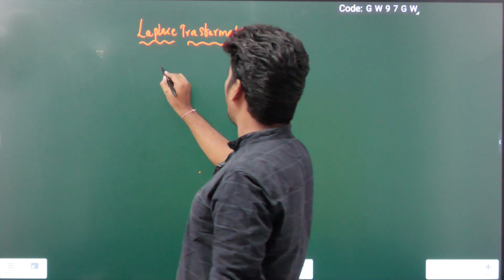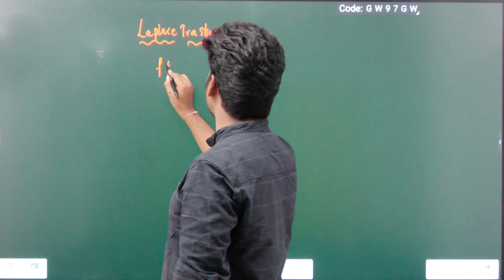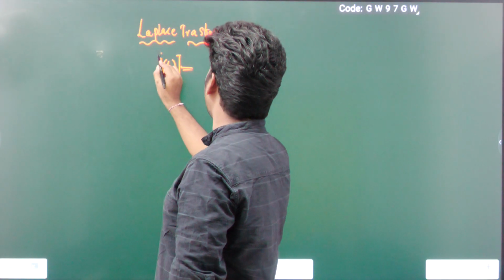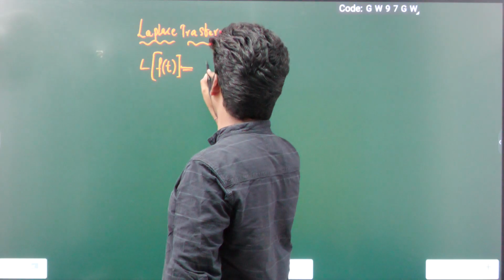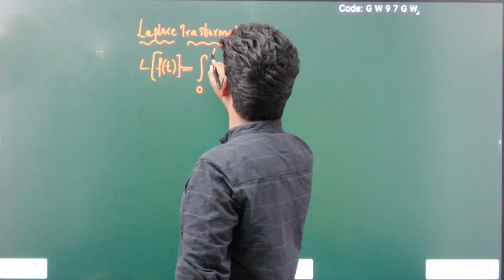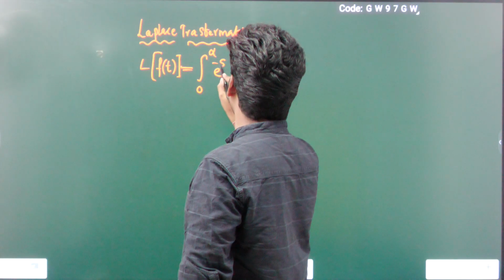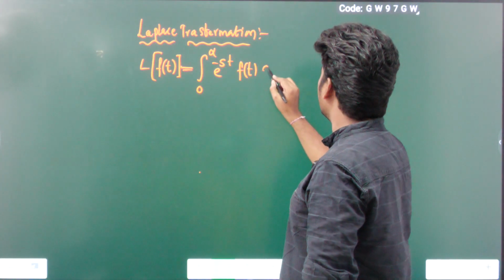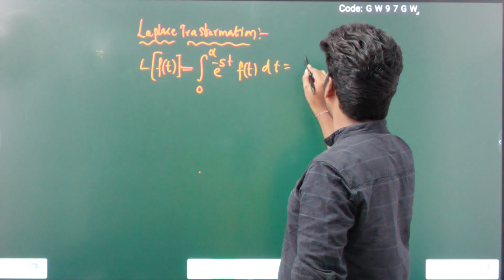Suppose f of t is there. The Laplace transformation of f of t is represented as capital L, integral from 0 to infinity of e power of minus st into f of t dt, which is equal to F of s.